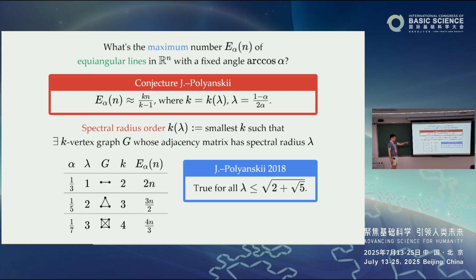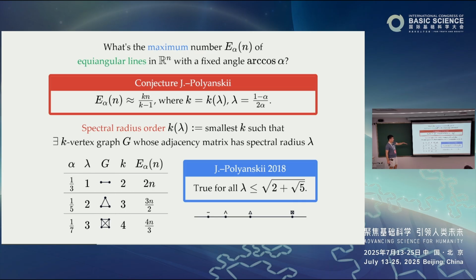Exactly. You're quick in your calculation. So root 2 plus root 5 is just slightly above 2. It's about 2.058. Okay, so indeed, our result can recover these two cases, but not the next case, 1 over 7.